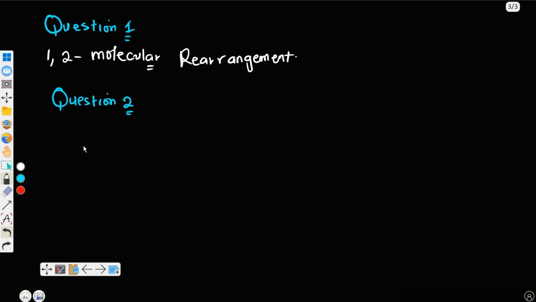So we have benzil. Now, what is benzil? It's something like this. We have something like this. I'm going to use this C double bond O. Then we have C. I'm going to put double bond O here, and then of course you can write it this way.